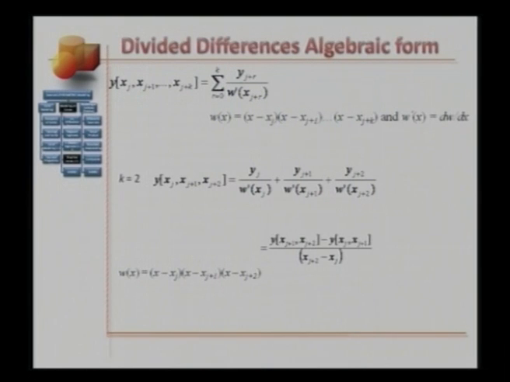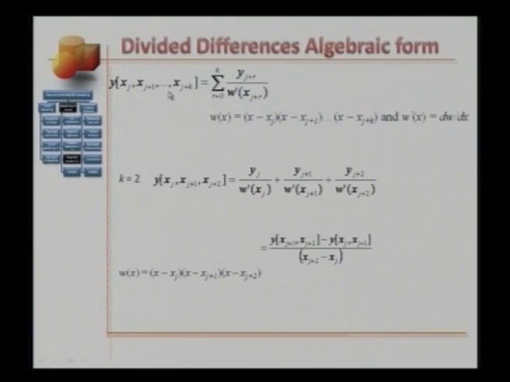You might want to consider this as an assignment, and I'll give you a cue as to how to derive this expression. I would suggest that you use mathematical induction for derivation. You probably would have studied this technique in your first year or second year of undergraduate mathematics. Start with y at xj. Maybe try to convince yourself with the first two divided differences, and we have already done this exercise here.